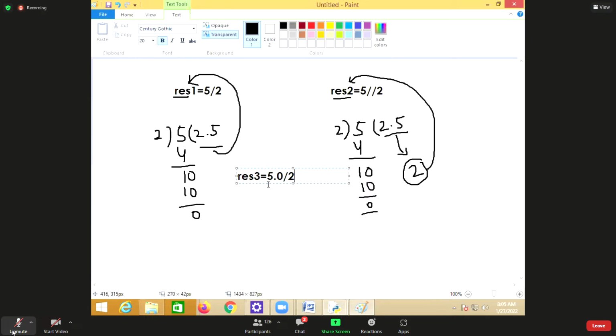Now this is which division? Float division. So I'll get result 3 as 2.5. But if I write result 4 equals 5.0 // 2, then the value of result 4 is 2.0.